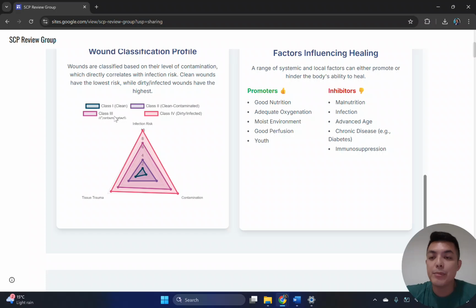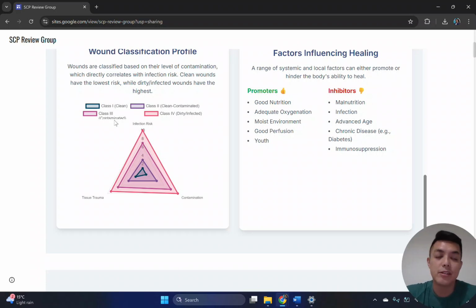One good example in class 2 is appendectomy, and that's one thing to remember. Class 3, we could also do appendectomy, but this is the ruptured one.